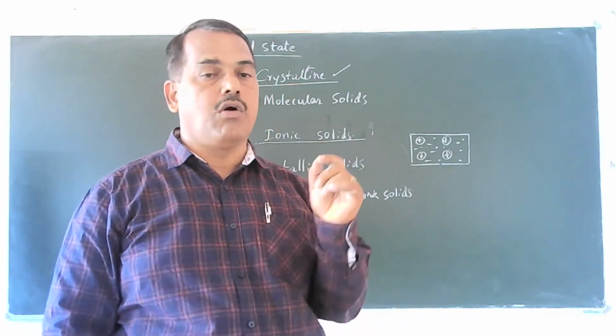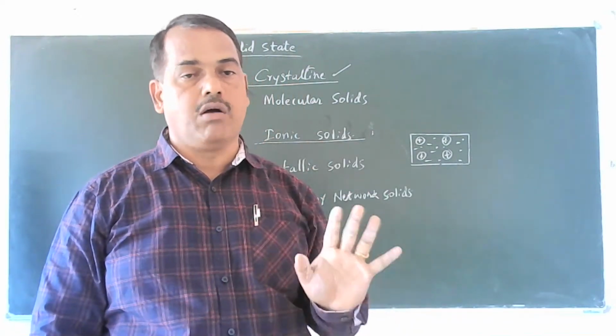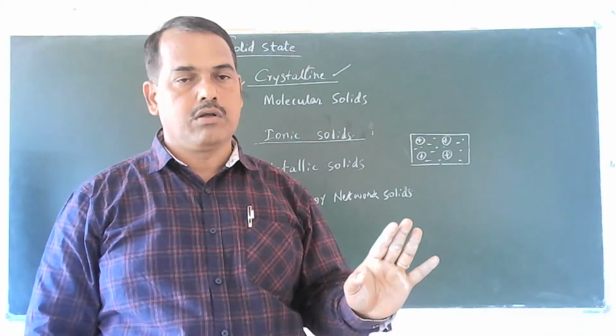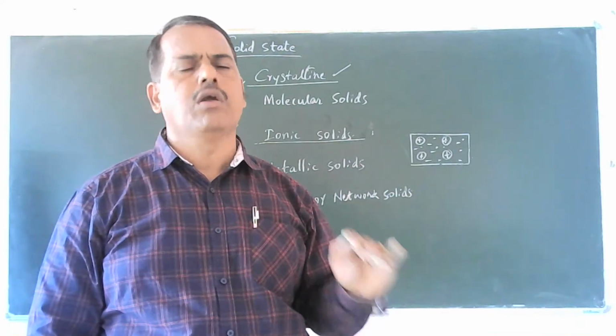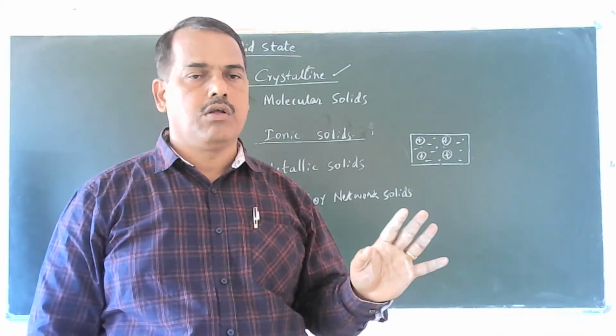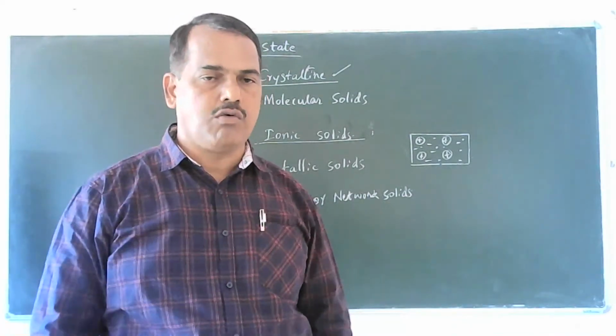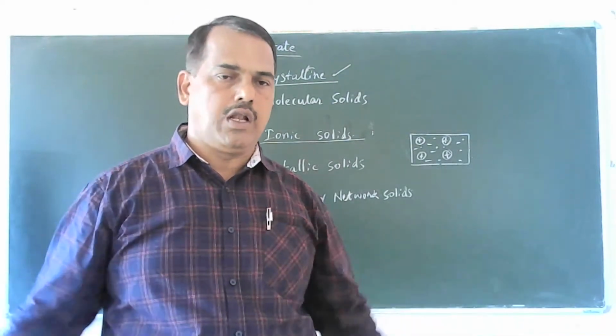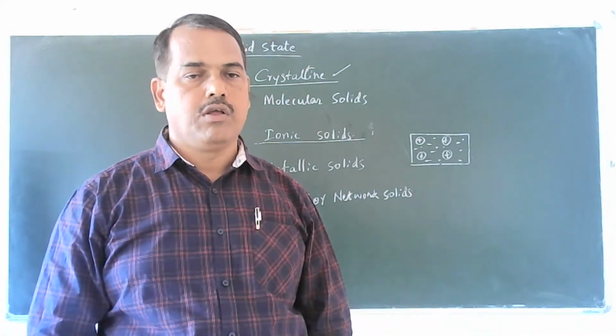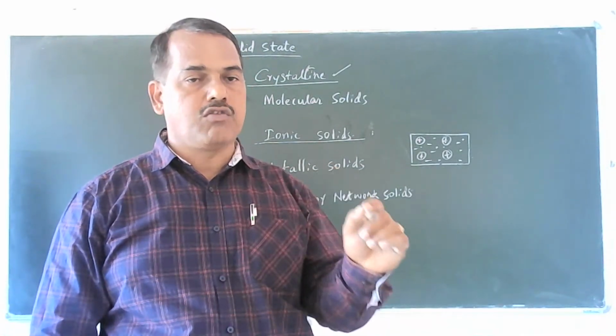Okay, what are the characteristics of metallic solid? And examples: copper, iron, cobalt, all metals. See, you study many metals, you will experience also. Even in day-to-day life, you are going to see many metals. So they are metallic solids.